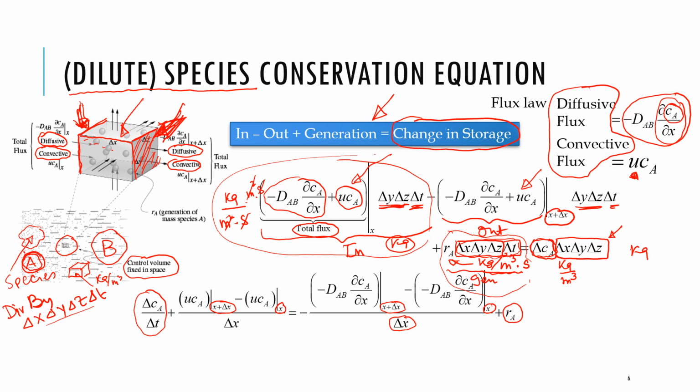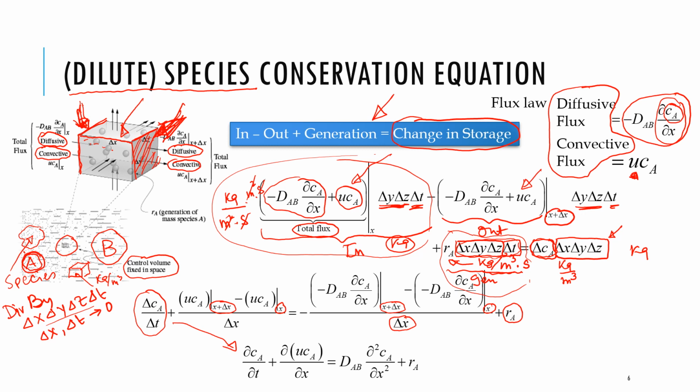Okay, so we are almost there. Now we make delta x and delta t go to 0. So from a balance with finite quantities, we want to get to infinitesimally small quantities, or a differential equation. So let's write the differential equation now. Del Ca del t becomes del Ca del t.